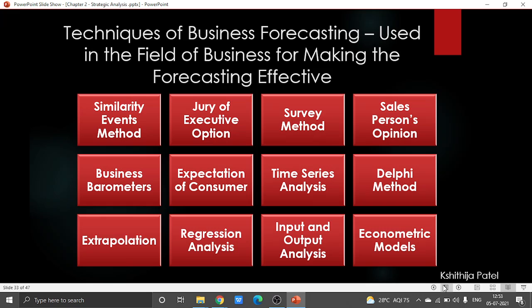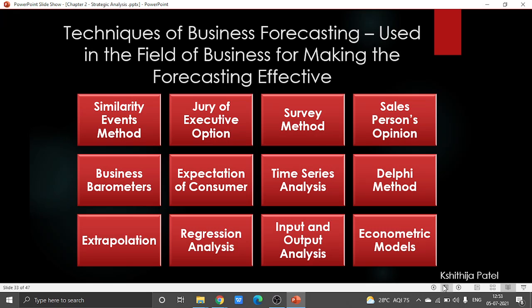The business barometers we have discussed, and we have expectations of consumers that we did not discuss. Under this method, a survey is conducted in order to know the future needs of consumers, and an overall forecast can be made on the basis of the expectations of the consumers of the organization. Normally, when an organization does this kind of survey, it is able to find out the consumer preference.